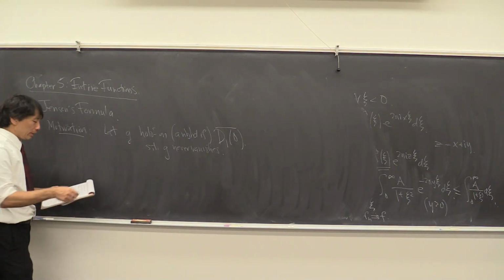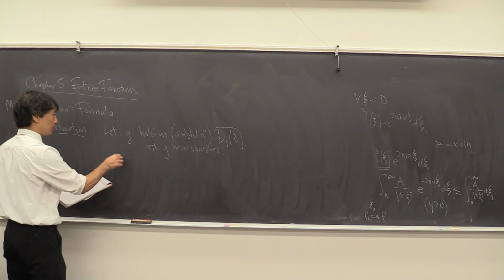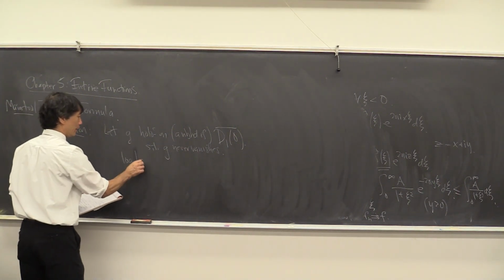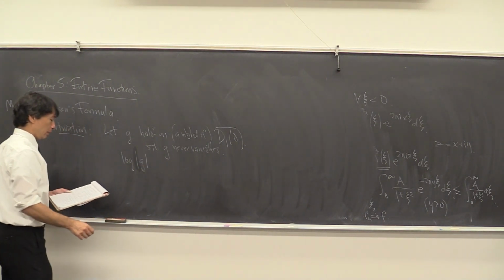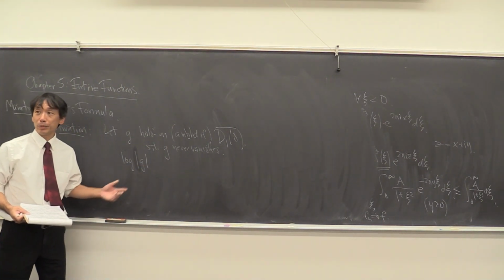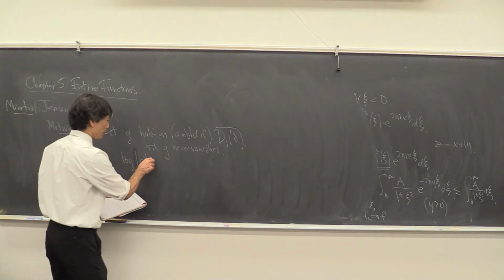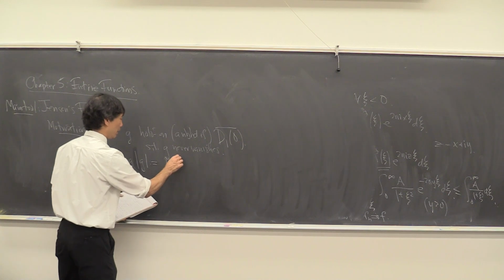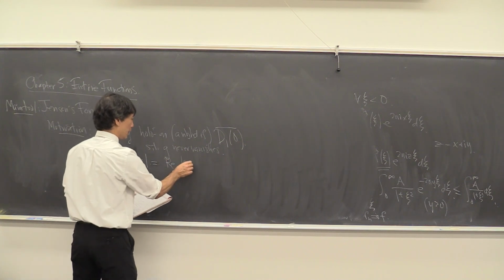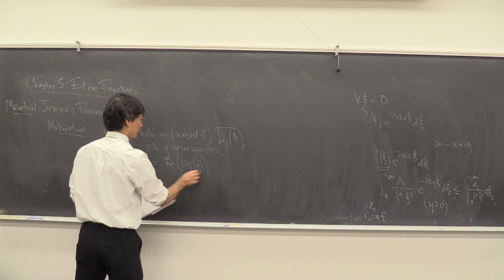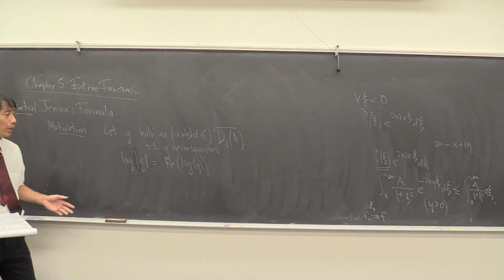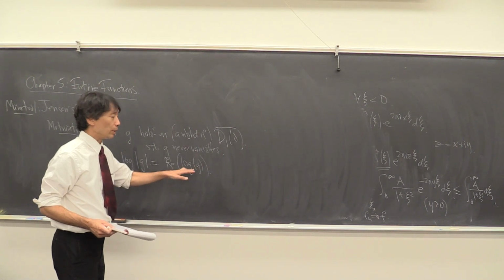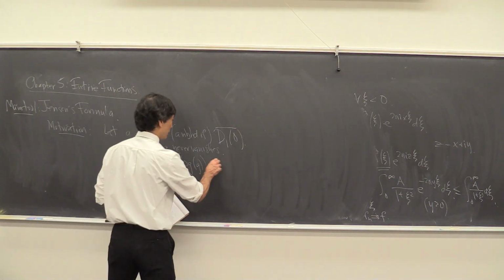Well, in that case, we can consider the log of the absolute value of g. As you may have seen in your homework, that's the real part of the log of g, and so we get a harmonic function.